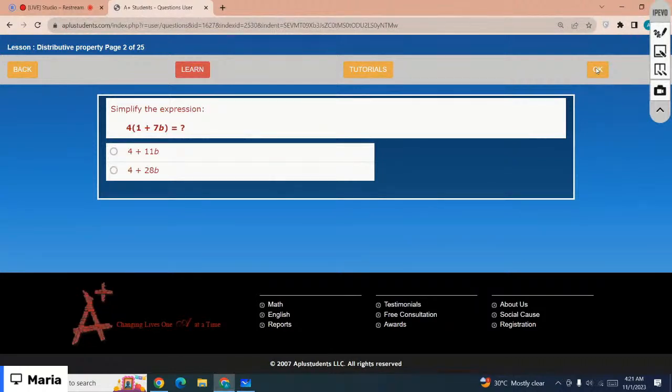Okay, the next one is simplify the expression 4 times 1 plus 7b.